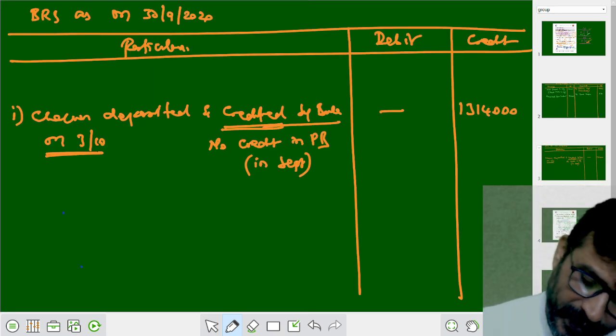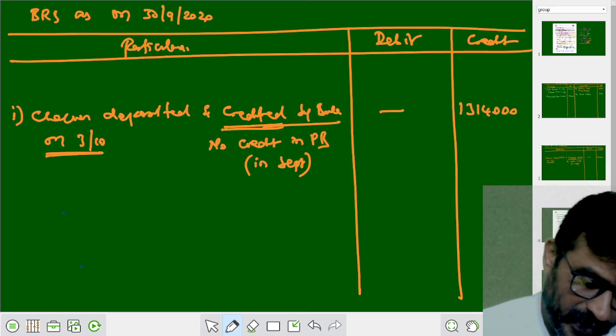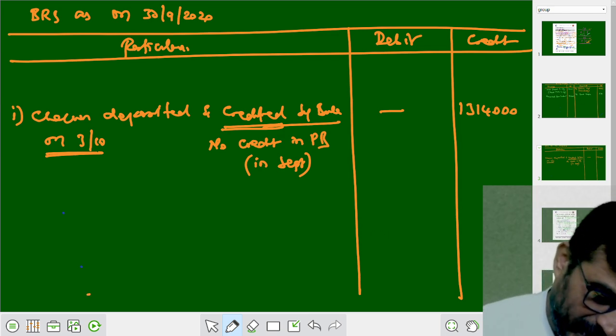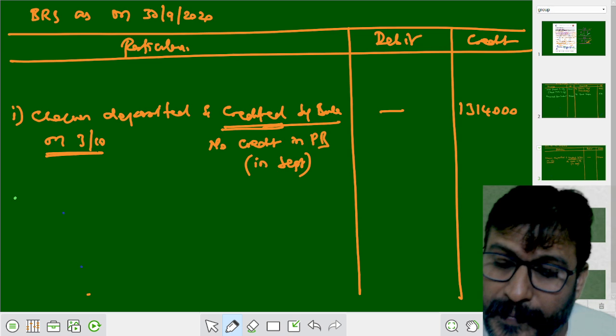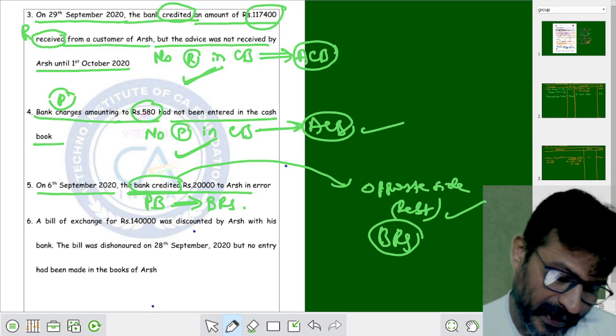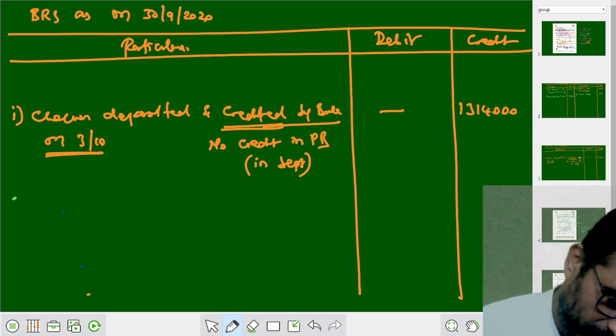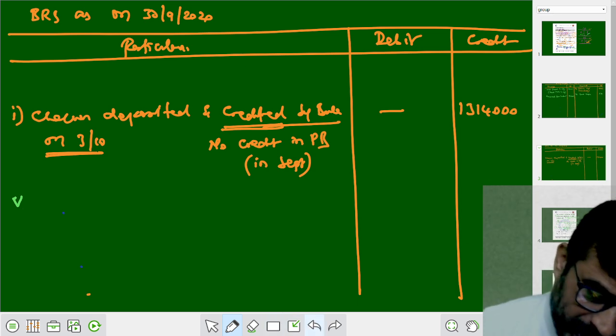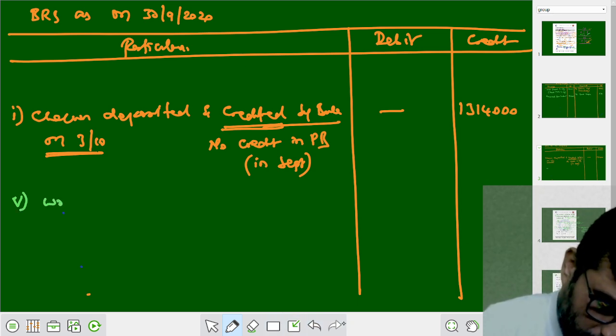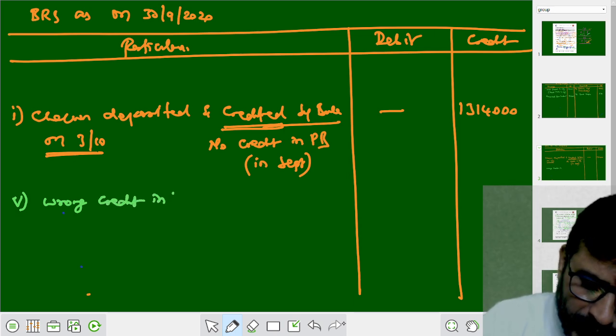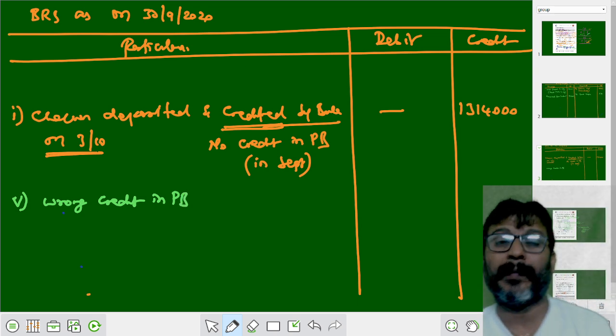So we have to take the next concept, that is the second concept. Which concept is it? I can say point number 5. What is it? Wrong credit in passbook by bank.